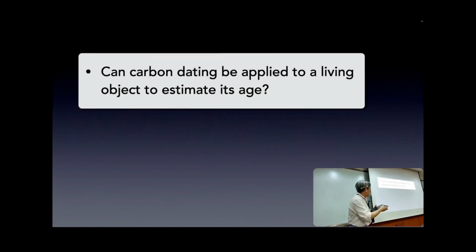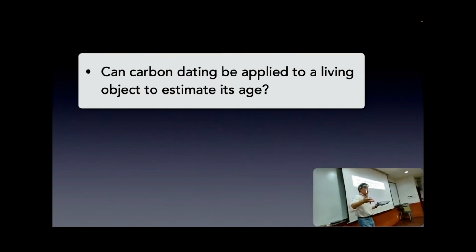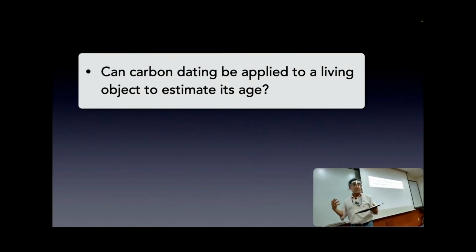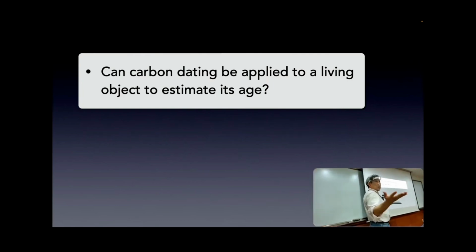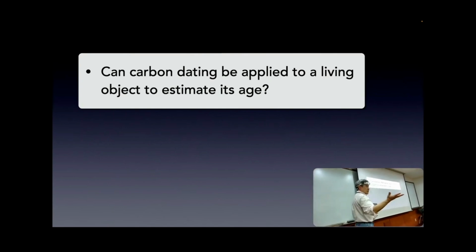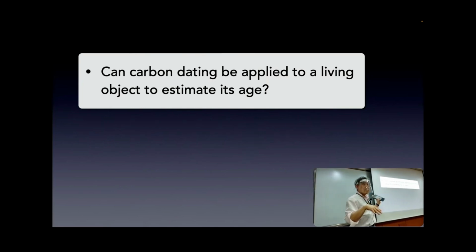However, here one important thing is, what's the basic principle of radioisotope dating? If I actually asked you this question, what would be your answer? If you can correctly answer this, then you can understand the principle of radioactive dating.